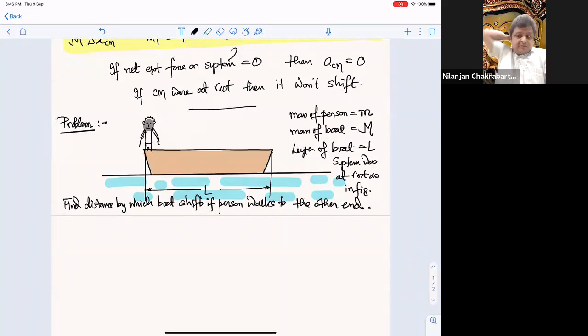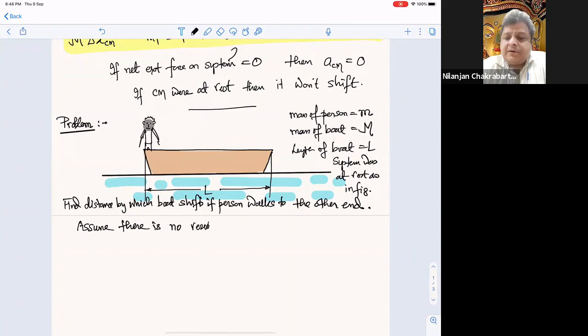Then that means find the distance by which the boat shifts if the person walks to the other end, the right end of the boat. Here it is given, assume there is no resistance from water. That means no friction, no resistance from water on the boat.